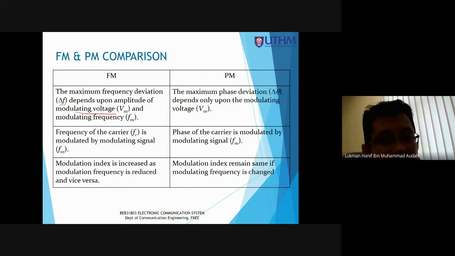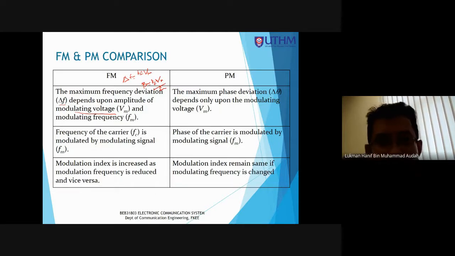Okay, that means dia punya delta F is equal to KF VM, and dia punya beta is equal to KF VM over FM.